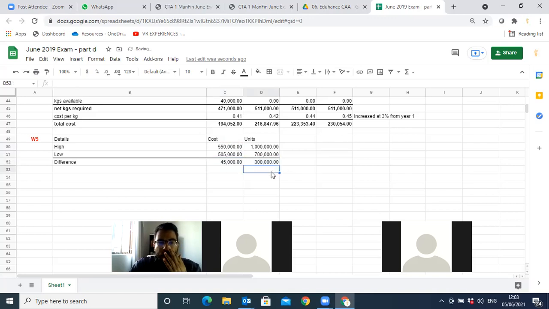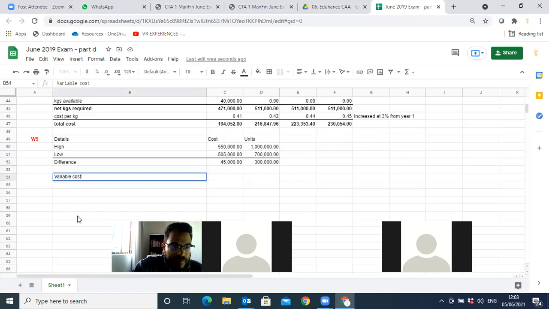Okay, so to get the variable costs, the variable cost is equal to change in costs divided by change in units.